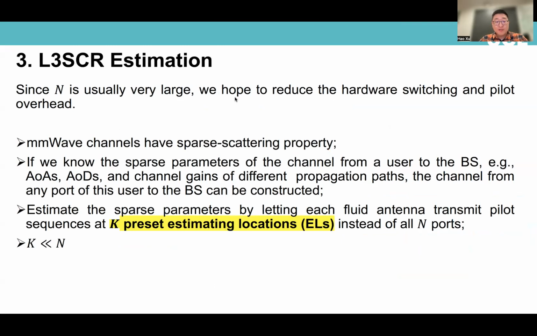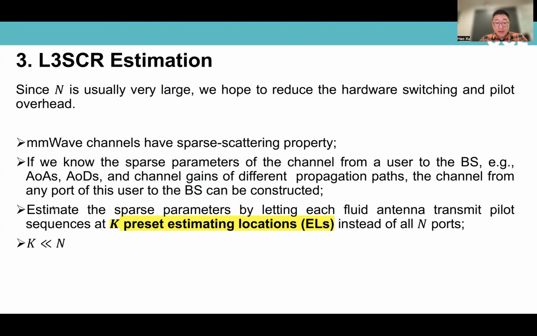We noticed that millimeter wave channels have a sparse scattering property. This indicates that if we know the sparse parameters of the channel from a user to the base station, for example, the angles of arrival, angles of departure, and channel gains of different propagation paths, the channel from any port of this user to the base station can be constructed.